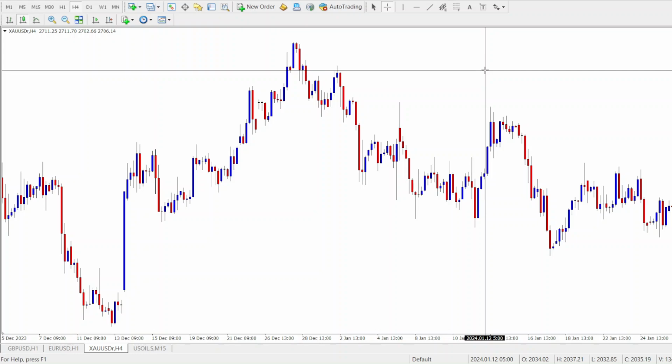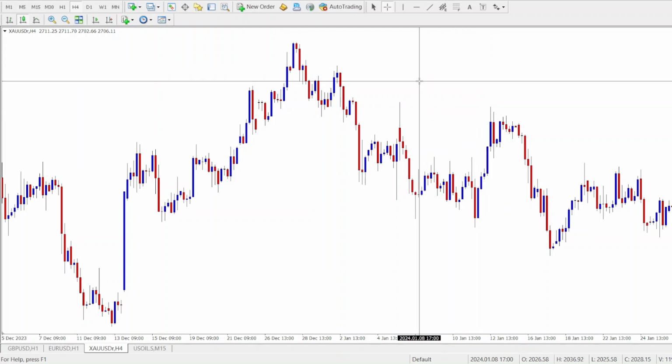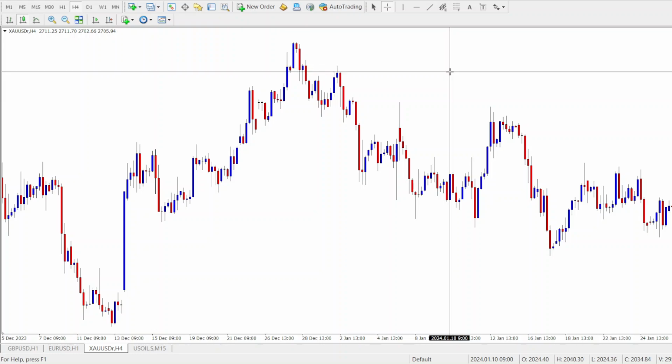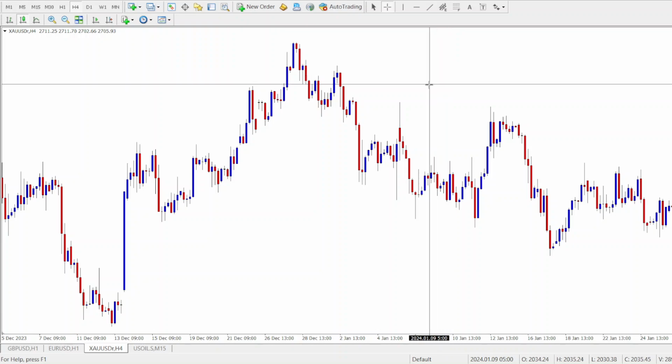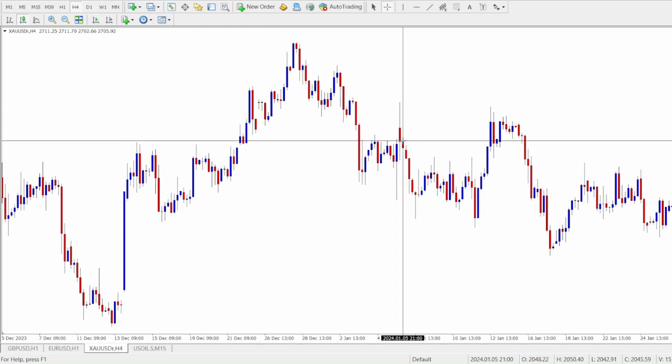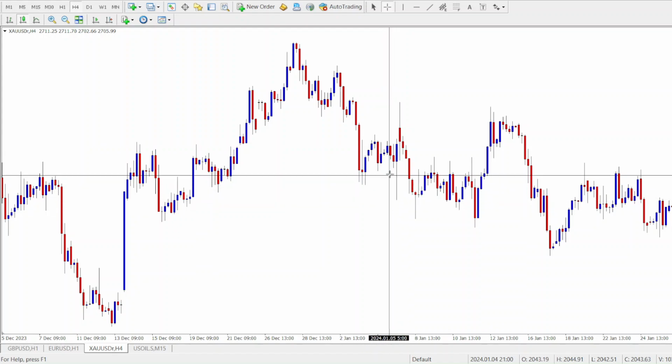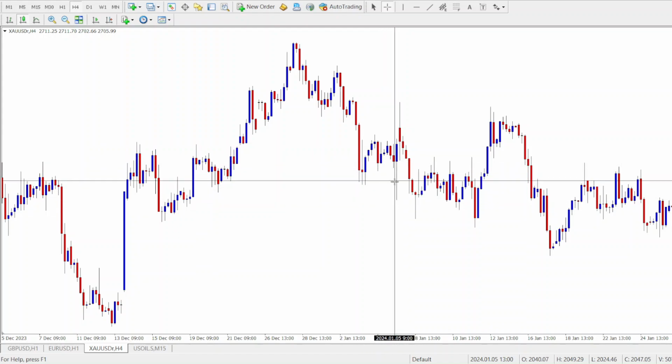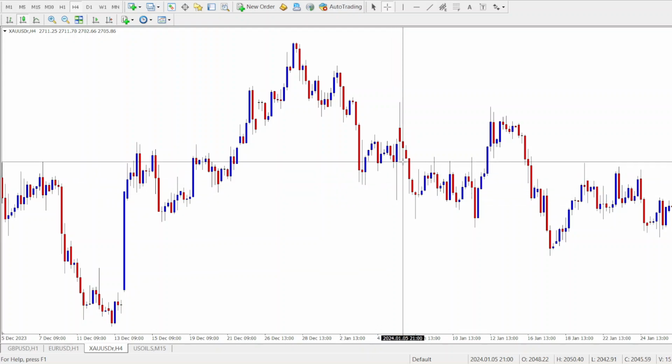The upper wick is called the upper shadow. It indicates that the price moved up, but sellers pushed it back down before the close, like what happened here. While the lower wick shows that price dropped, but buyers pushed it back up, showing buying strength.